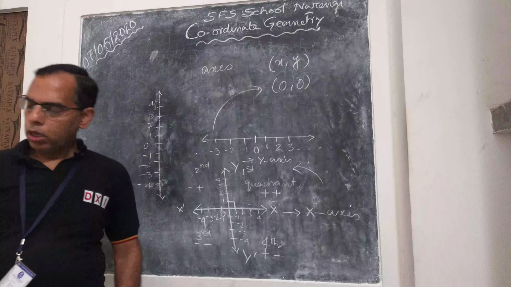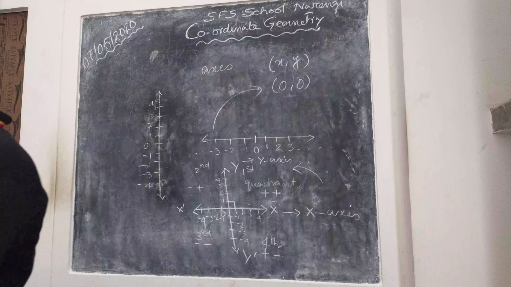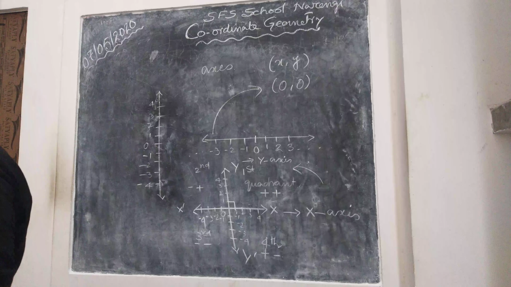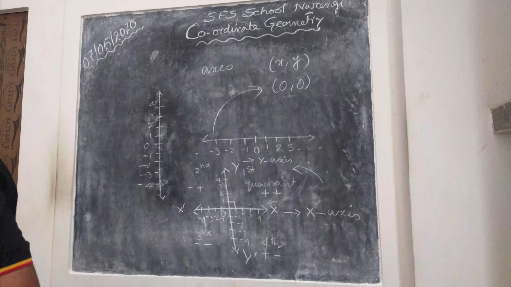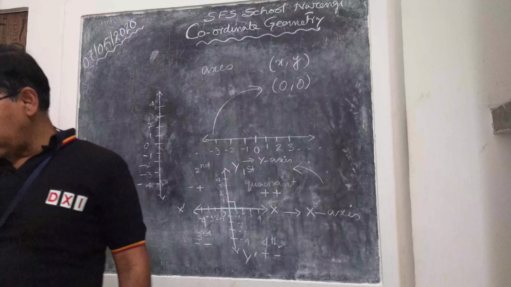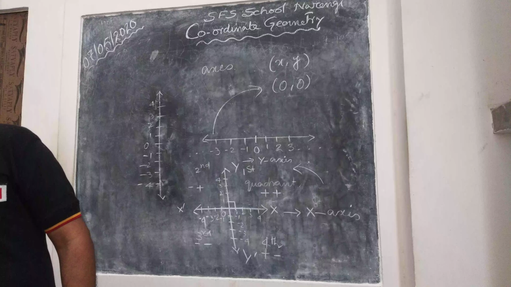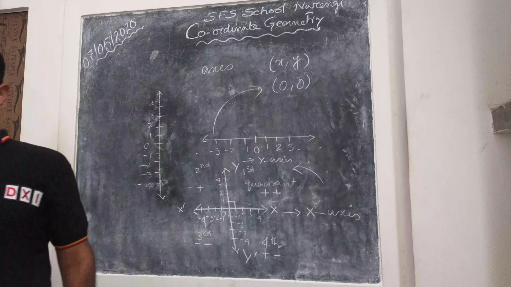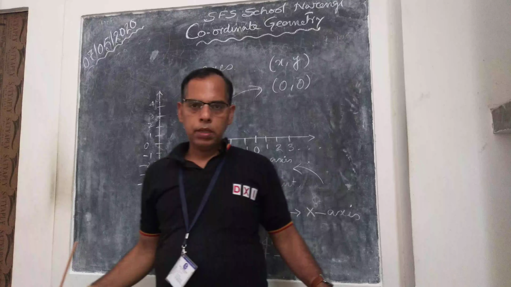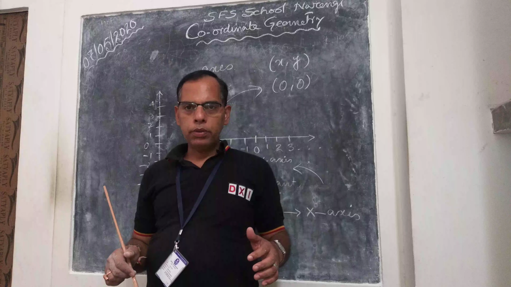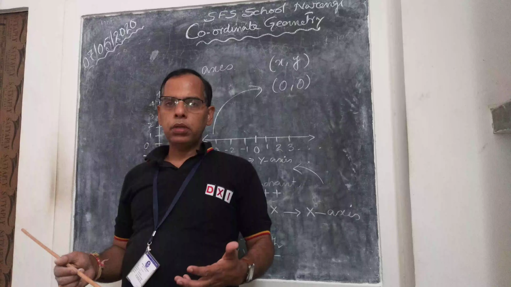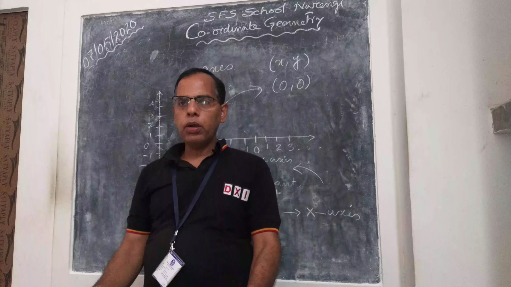Now, in the exercise you will find a question: how will you describe the position of a table lamp on your study table? Suppose here is the study table, and I have to explain my position with respect to it.